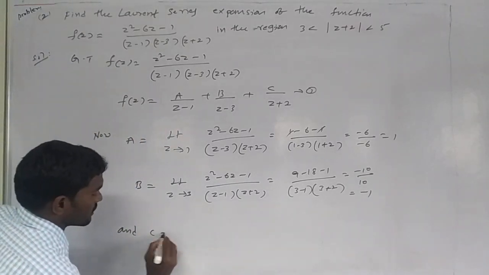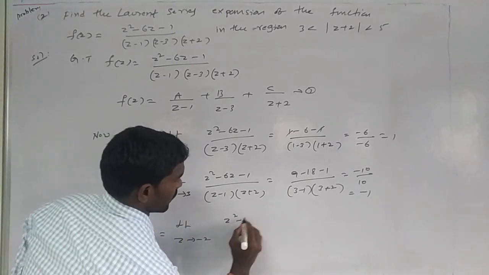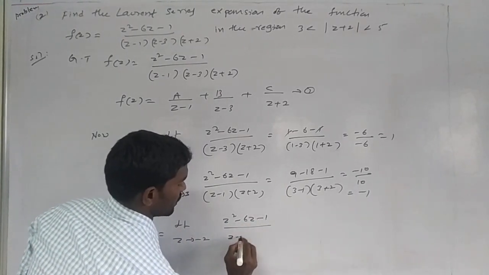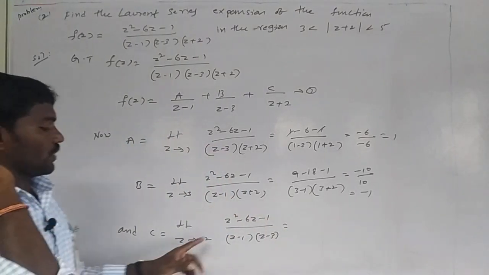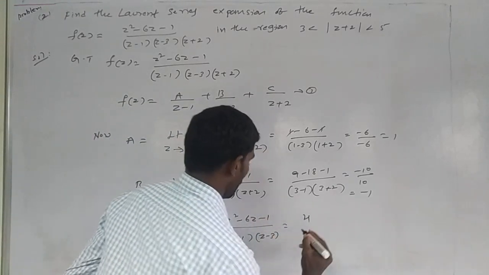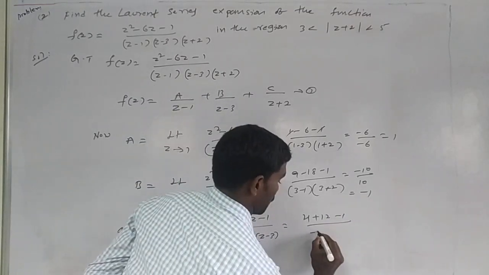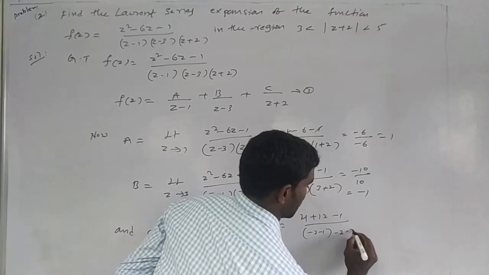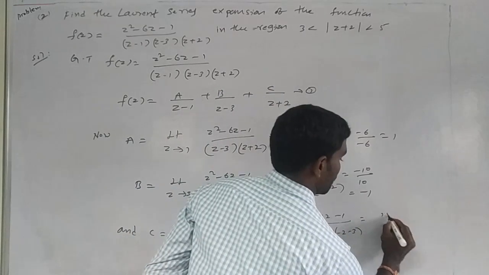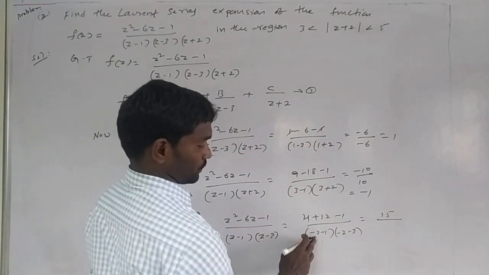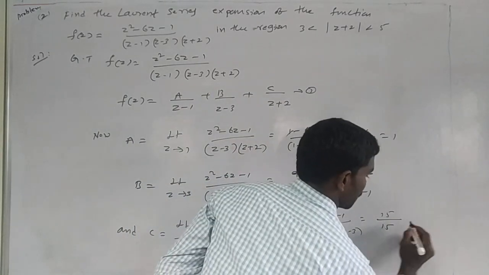And C equals the limit as z tends to −2 of (z² − 6z − 1) divided by (z − 1)(z − 3). Substitute the z value equals −2 in the above function: (4 + 12 − 1) divided by (−2 − 1)(−2 − 3), that equals 15 divided by (−3)(−5), which is 15 divided by 15, that equals 1.